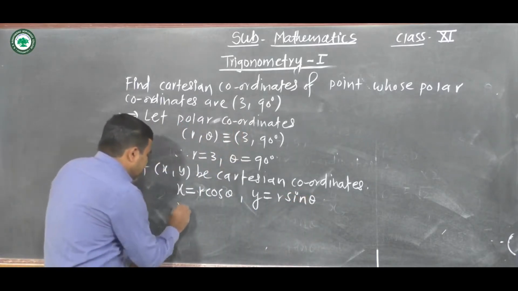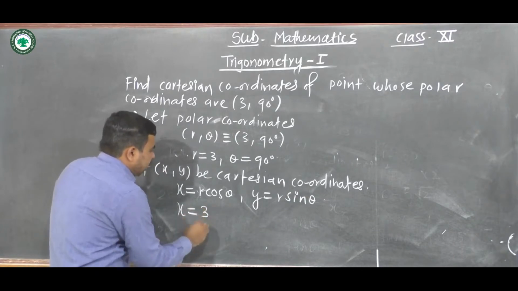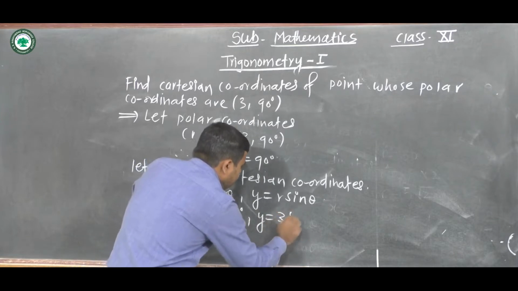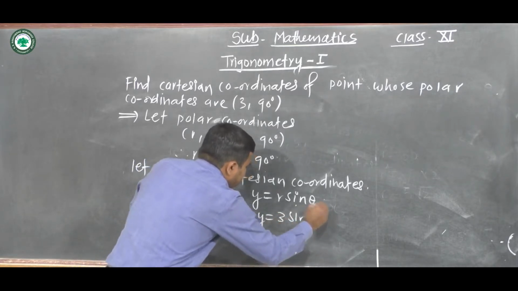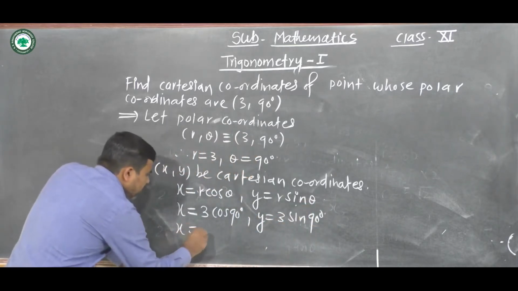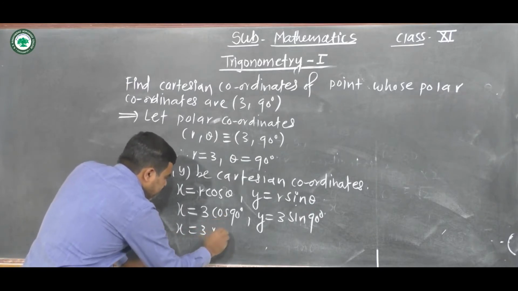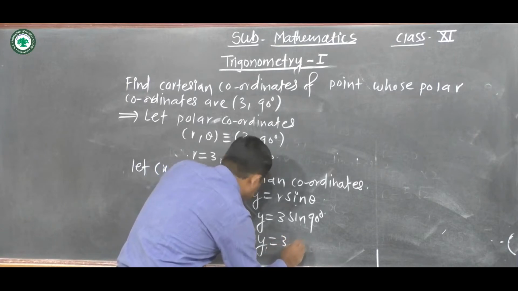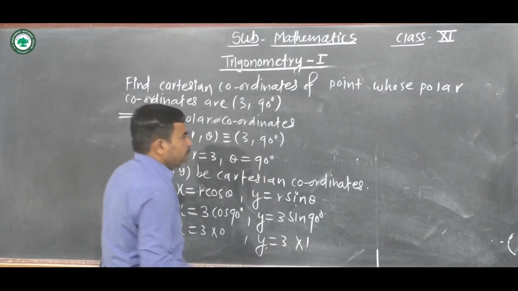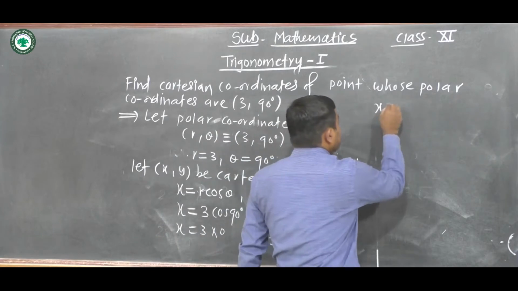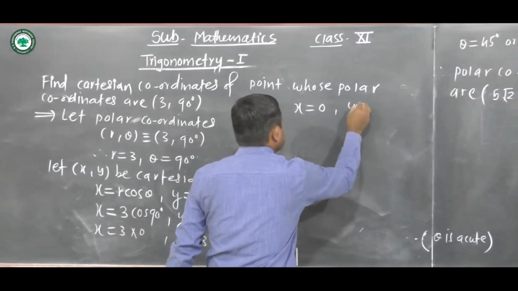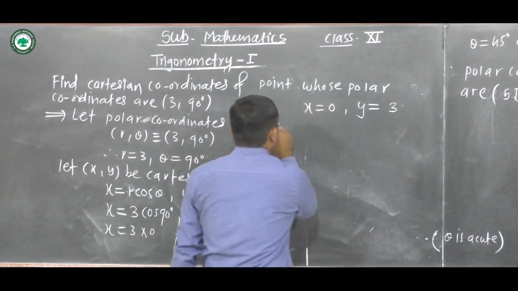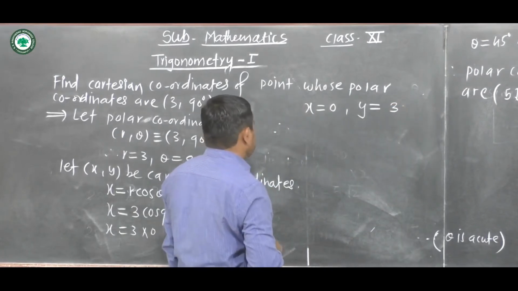So therefore x is equal to 3 into cos of 90 degrees, and y is equal to 3 into sin of 90 degrees. Cos of 90 degrees is 0, and sin of 90 degrees is 1. So x is equal to 3 into 0, that is 0, and y is equal to 3 into 1, that is 3. So your Cartesian coordinates are 0 comma 3.